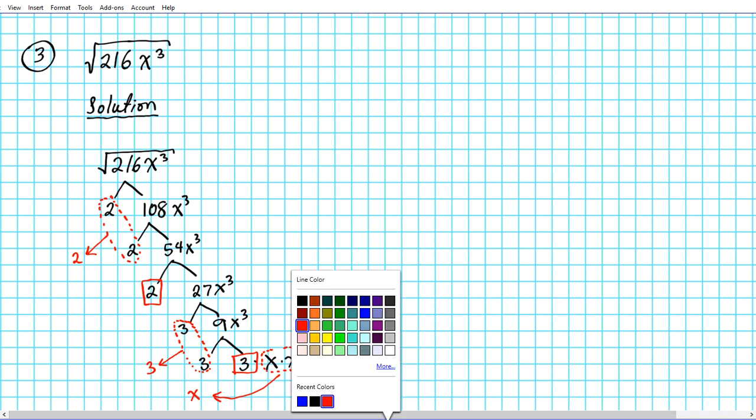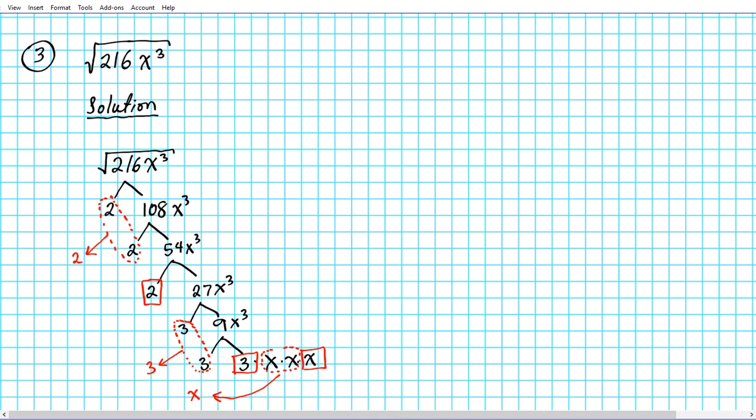Okay, so we are ready to write down what the simplified form is in its expanded state. We're going to have the numbers that broke out, 2, 3, and x. You write the product, 2 times 3 times x. Then the roots, the numbers that did not have enough power to break out because their powers were 1: 2 times 3 times x.